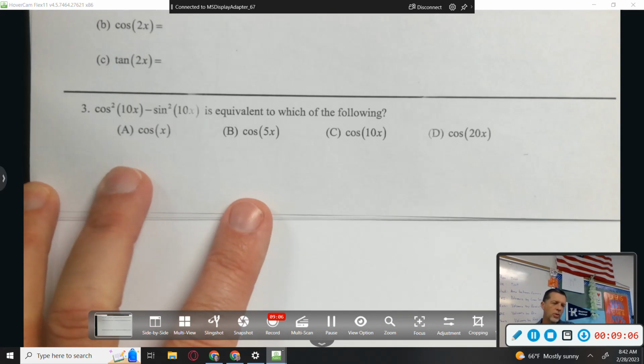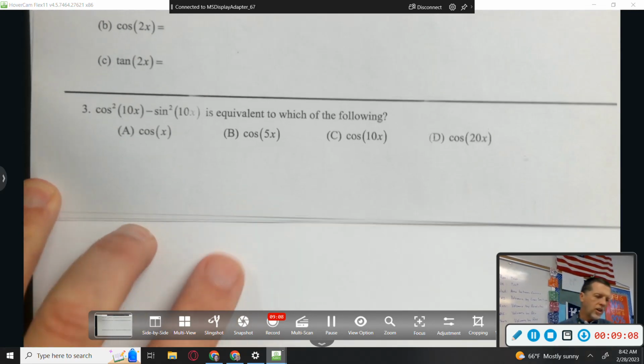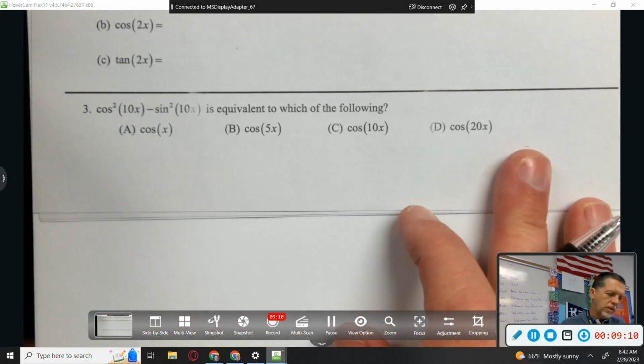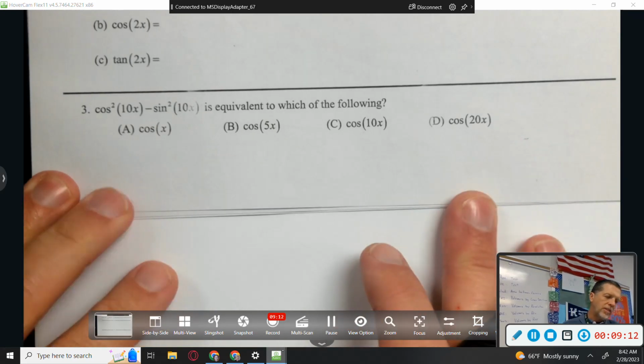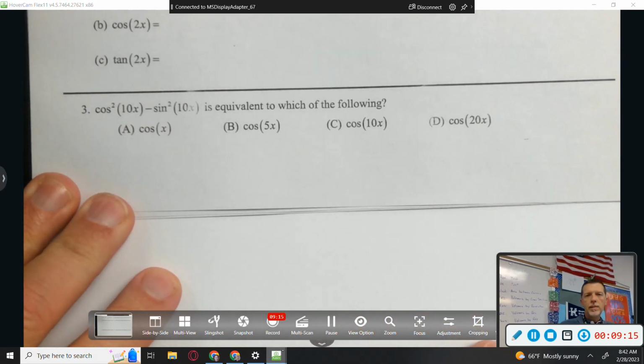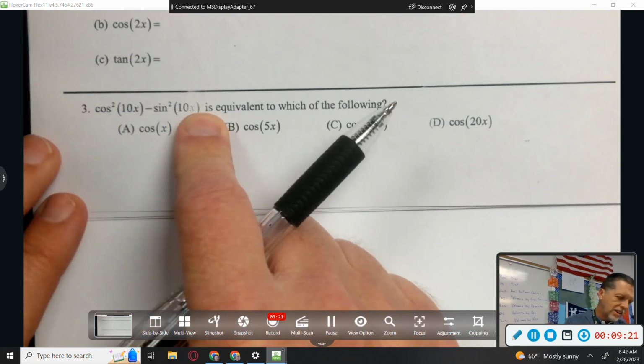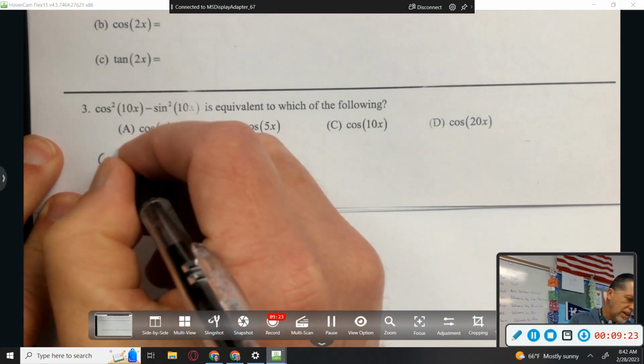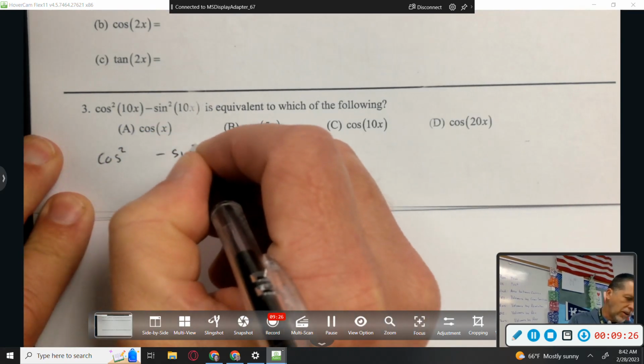But example 3, cosine squared of 10x minus sine squared of 10x is equivalent to which of the following? Let's see, cosine squared minus sine squared. That looks like cosine squared minus sine squared.